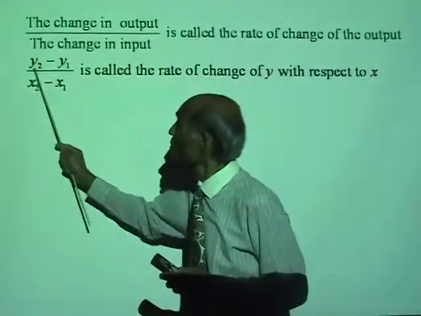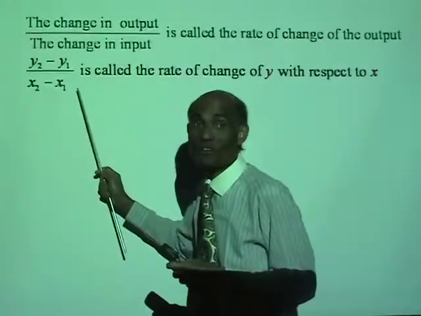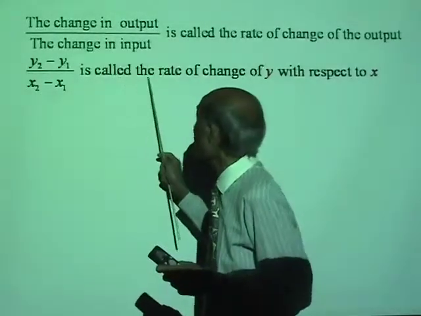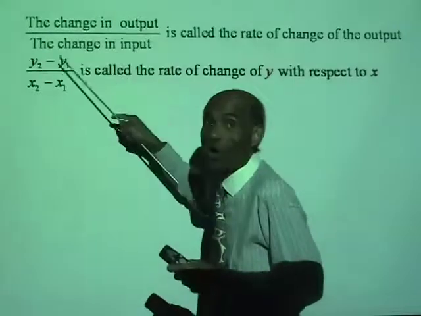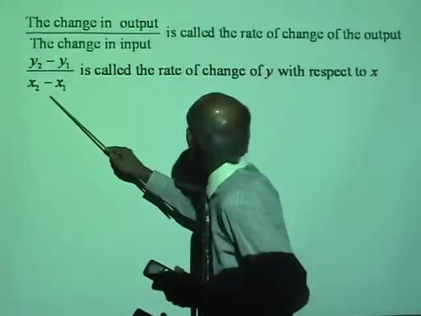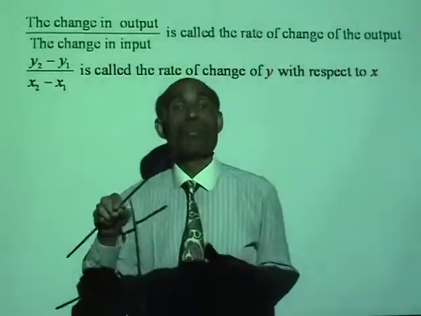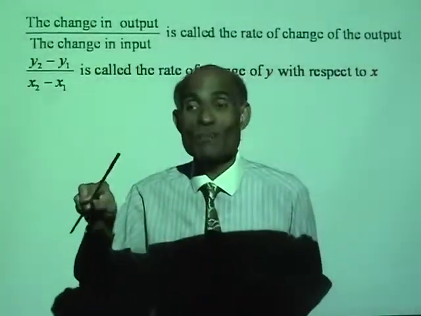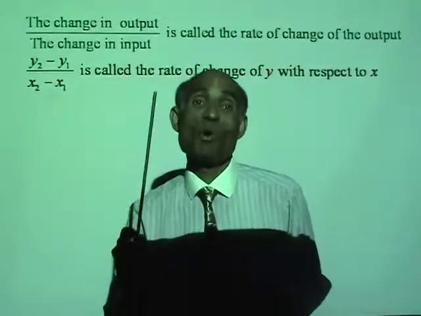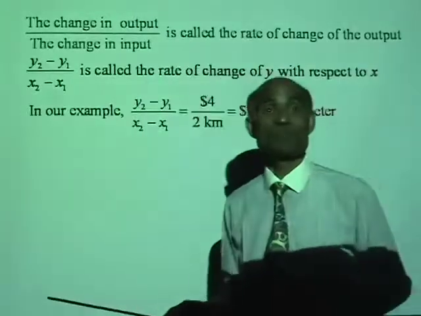So, y2 minus y1 divided by x2 minus x1 is called the rate of change of y, the output, with respect to x, with respect to the input. You walk 1 more kilometer, how much more money you get. That is the meaning of the rate of change.